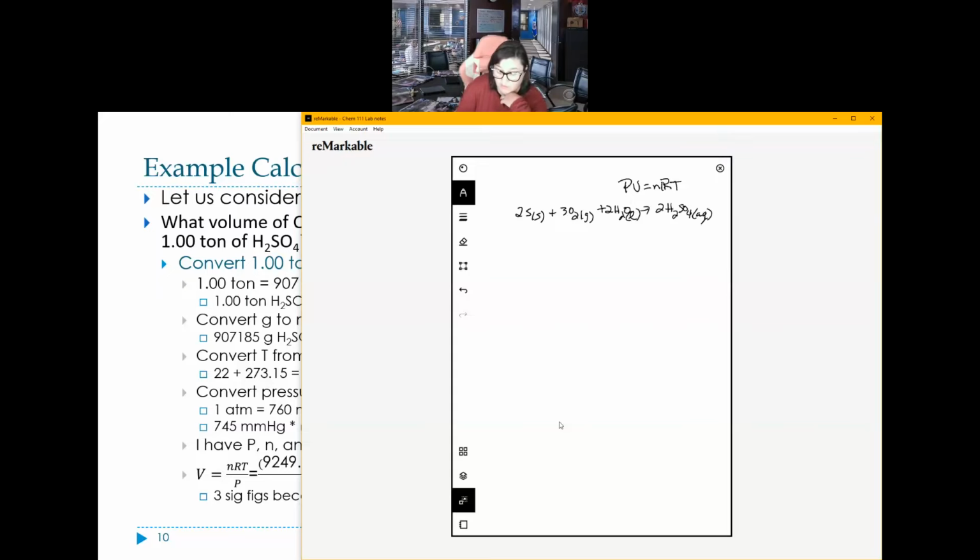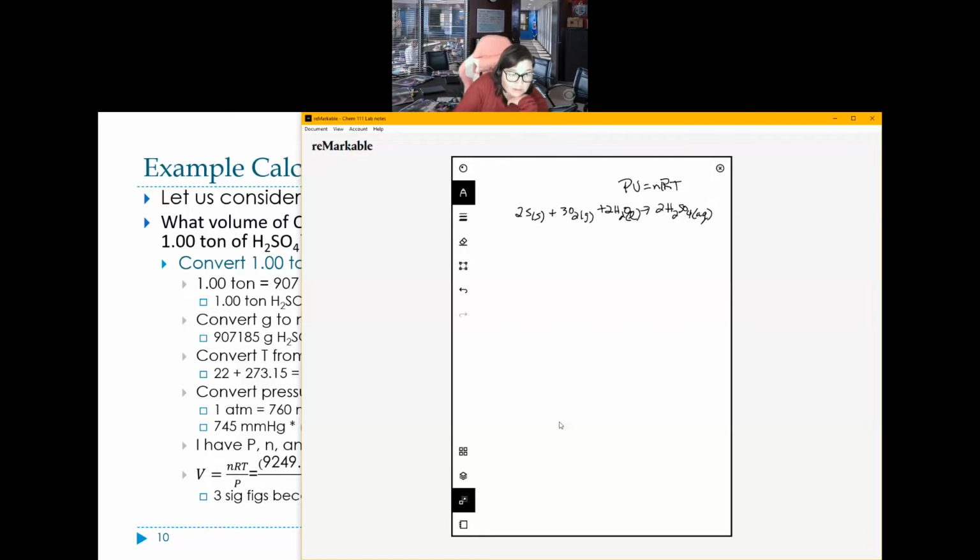All right, so this gives me my molar ratios. I can check this and see that it's actually balanced. 2 sulfurs. I have 4 hydrogens, 6, 7, 8 oxygens there, 8 oxygens there. So it's balanced. Awesome. Should you do that? Absolutely. Just because it's been given to you doesn't mean it's right. All right, so make sure that you have what you need.